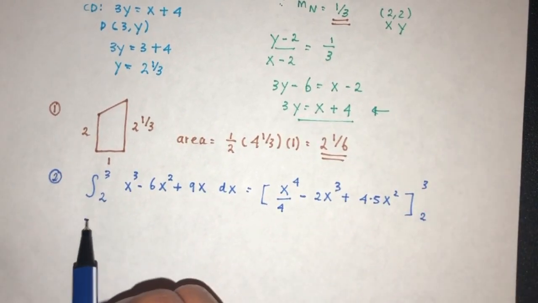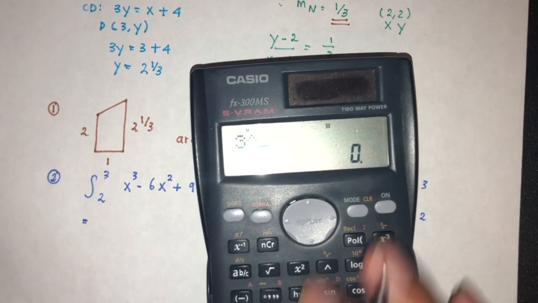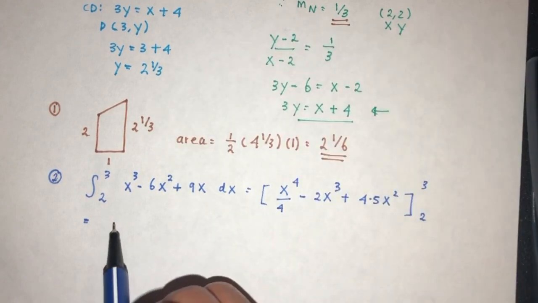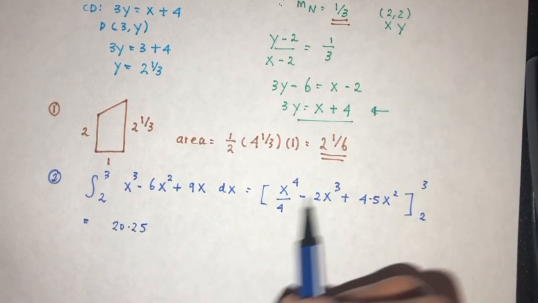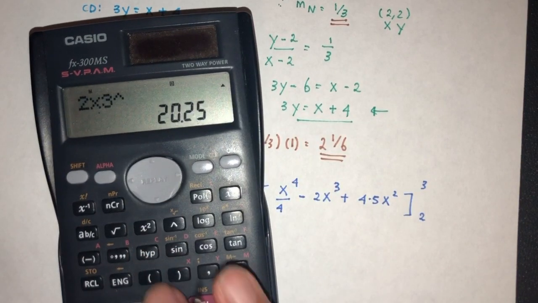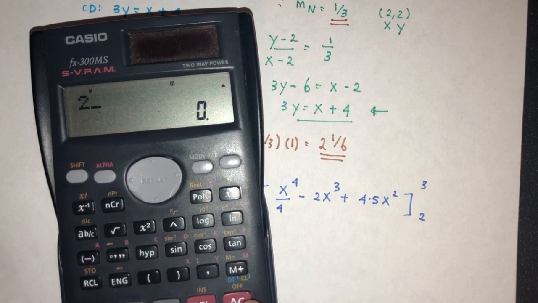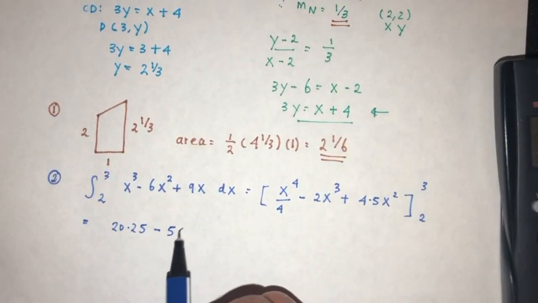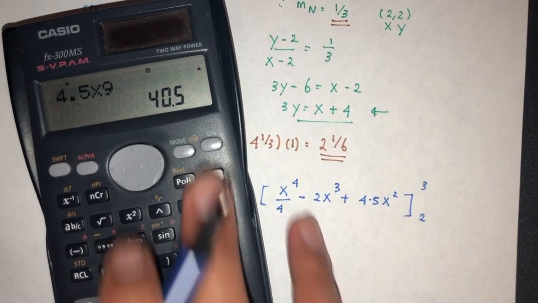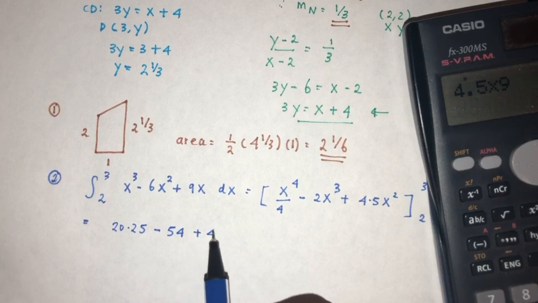Now simplify. 3 power 4 is 81 divided by 4, that should be 20.25, then we have minus 2 times 3 power 3, which should be 54, and here we have 4.5 times 9, that should be plus 40.5.